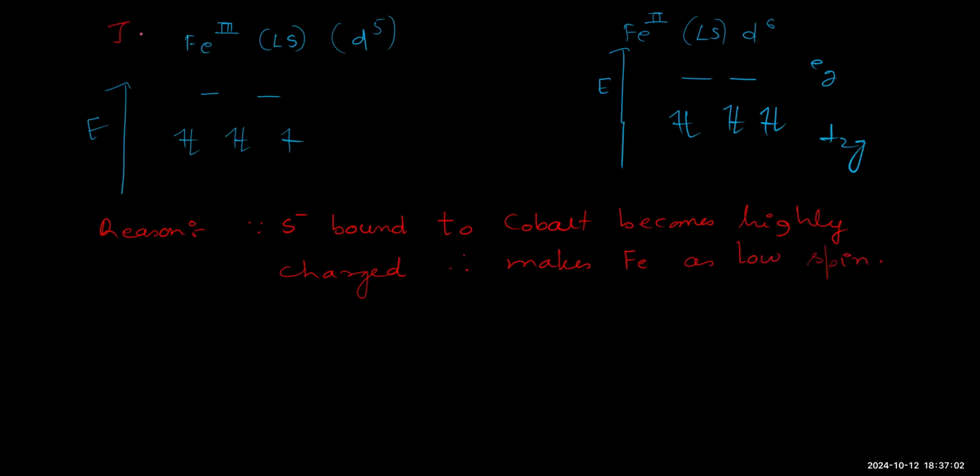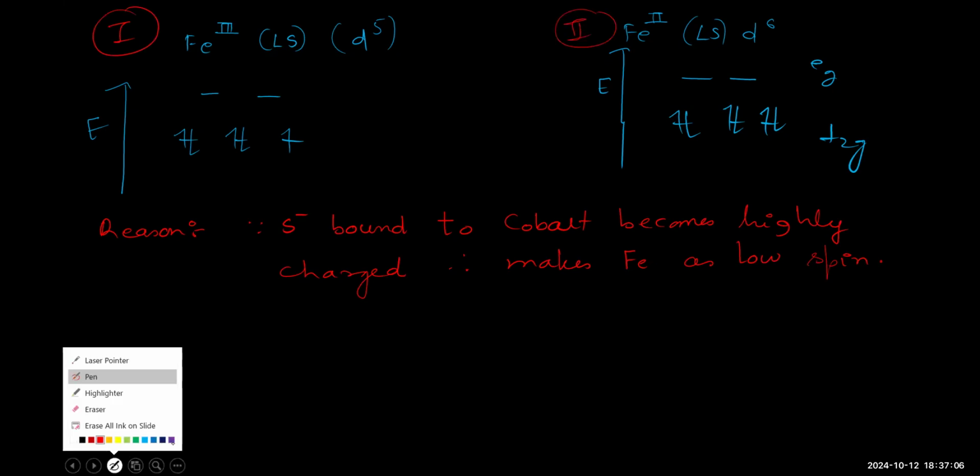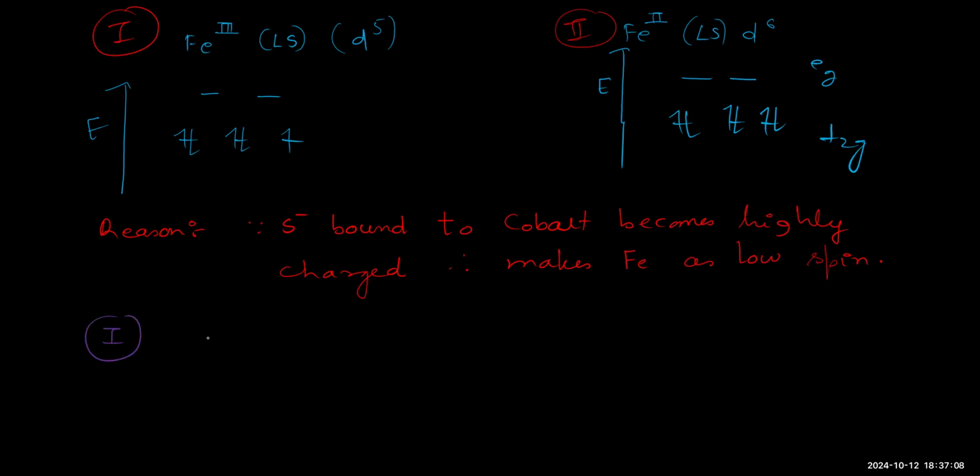Now, in case 1, we have valence contribution, which is not zero. We have lattice contribution because half of the molecule is nitrogen bound and half is sulfur bound, two different types of ligands.